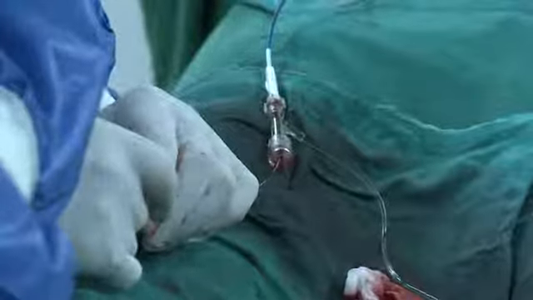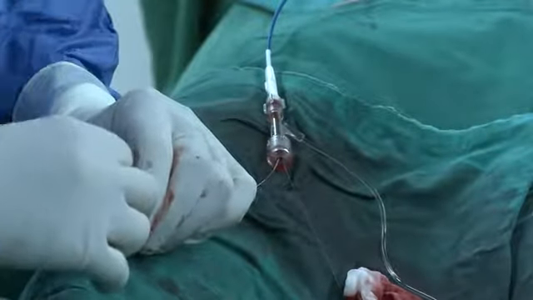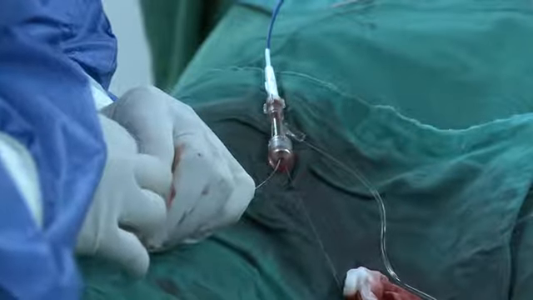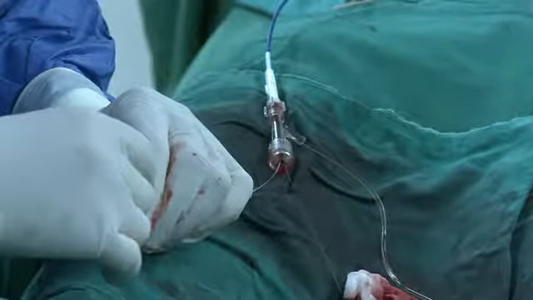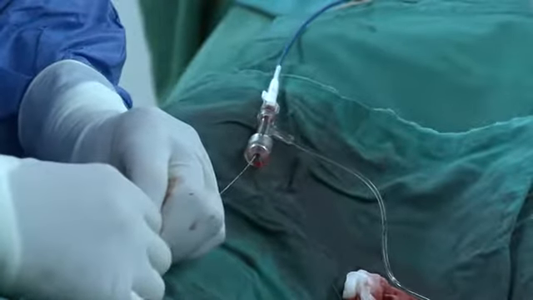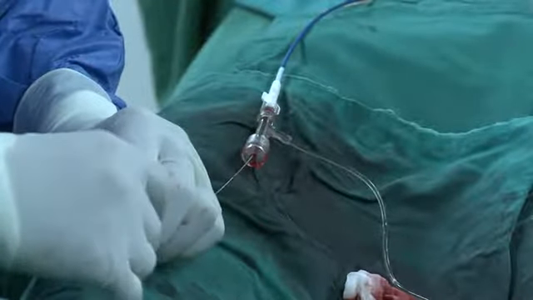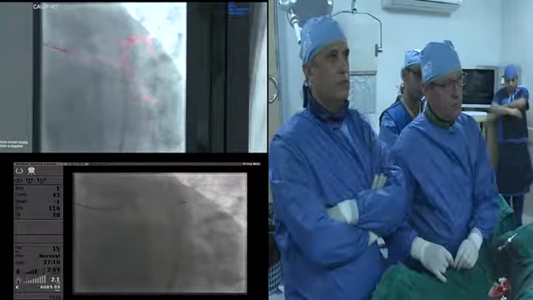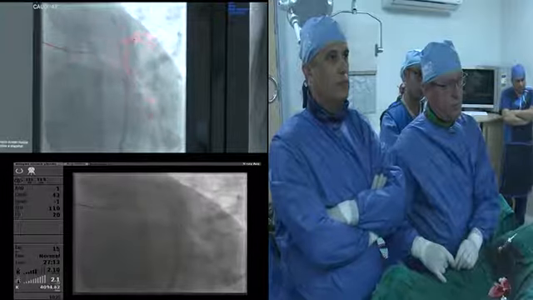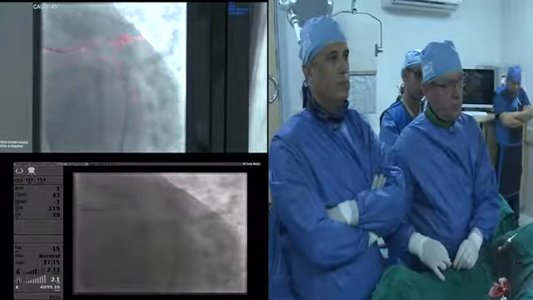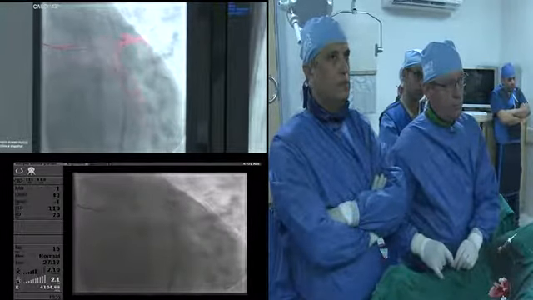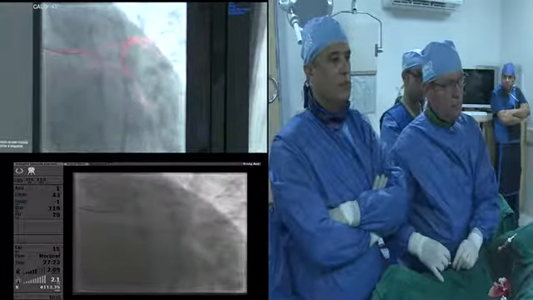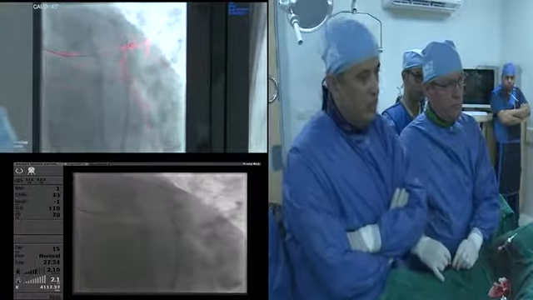Maybe we can prepare a 2.5 balloon for the pre-dilatation of the LAD. Yes.